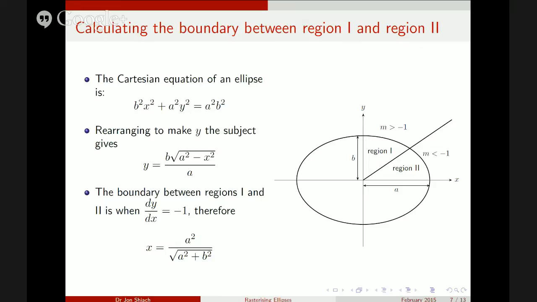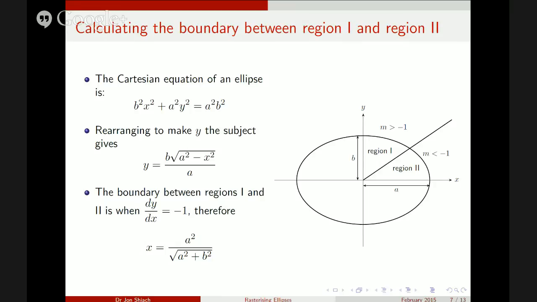Okay, so dy/dx is dy/du times du/dx. So dy/du is b over 2a, u to the power half, or u to the power half is just a squared minus x squared to the power half.